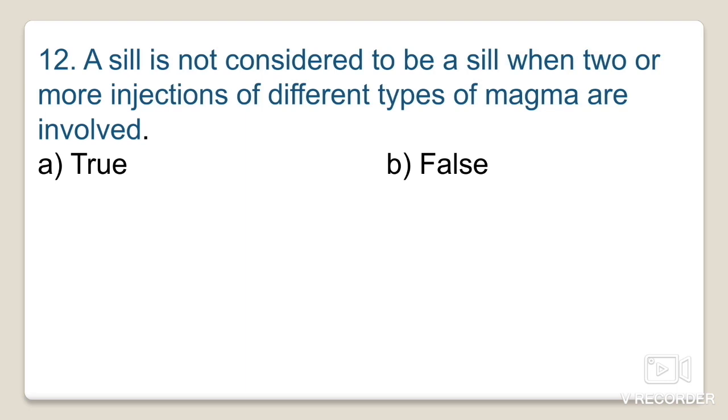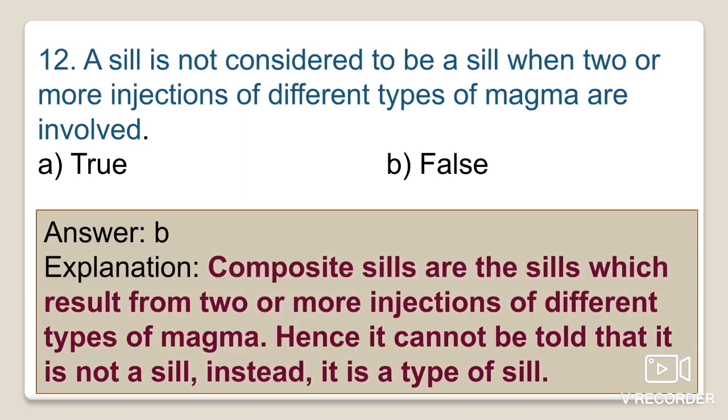You have to tell whether it's true or false. Composite sills are sills which result from two or more injections of different types of magma, and hence it cannot be said that it's not a sill, instead it's a type of sill. So the given statement is wrong. False statement it is.